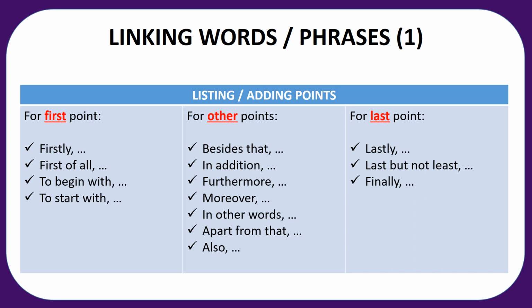And then, when you go into the next point, you can use besides that, in addition, furthermore, moreover, in other words, apart from that, also, and also next. And if you're talking about the last point, you can say lastly, last but not least, and also finally.